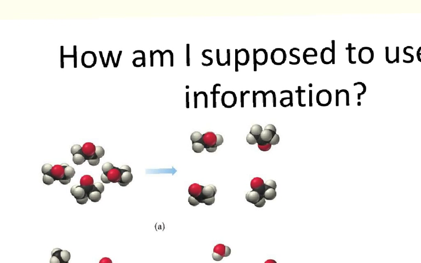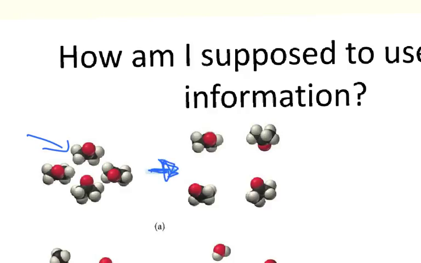Here we have something on the left. This set of molecules, these four molecules, are close together, so I would assume they represent something in the liquid state. There's only one type of molecule, so it's a pure substance. So here we have a pure substance in a liquid state. Some sort of change happens.